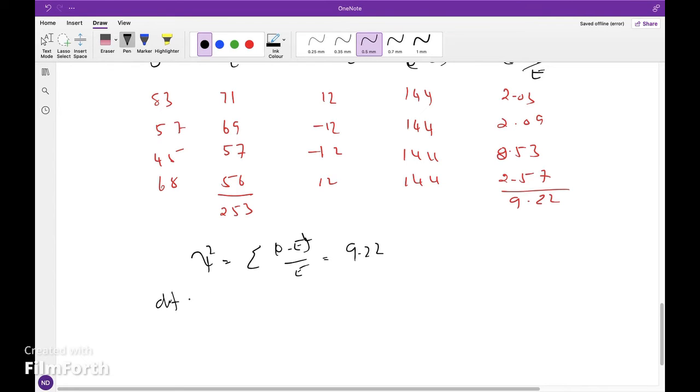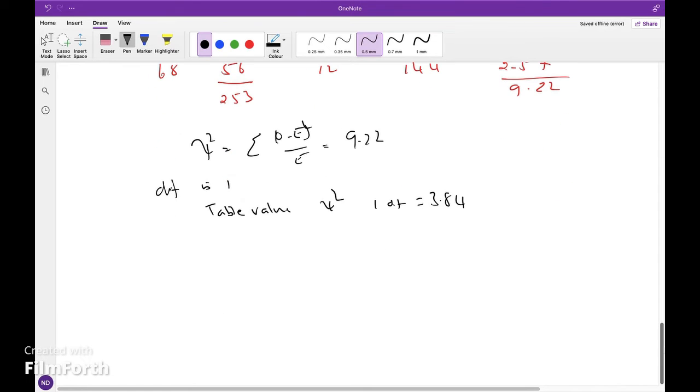The degrees of freedom is 1. Table value: chi-squared for 1 degree of freedom is equal to 3.84. Since the calculated value of chi-squared is greater than the table value of chi-squared, H naught is rejected.